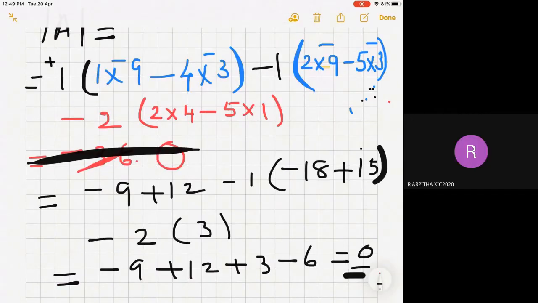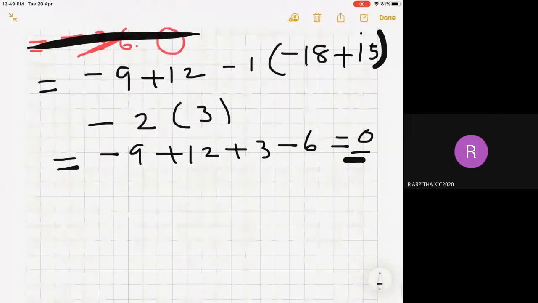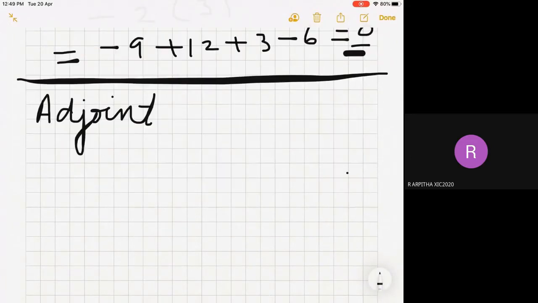It is 0. The next one is, so now the remaining practice, matrix adjoint of a matrix.